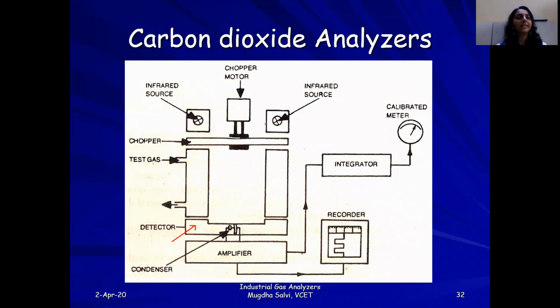You have two identical infrared sources, here and here. There is a chopper here. You recollect what a chopper is? This is a chopper. One side is darkened and the other side is empty.